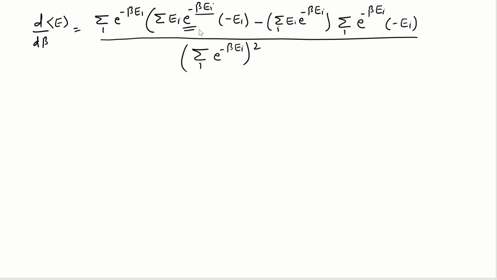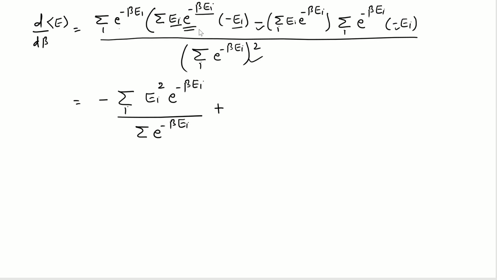Now we are going to separate these two terms. The first term will have a negative sign, so I'm taking the negative outside, and then ei square exponential minus beta ei, one ei here and another here. One of the summations will cancel with one of the summations in the denominator, so ultimately we will be left with only one sum. That's the first term. Now for the second term, one minus here and another minus here will make it a plus sign.